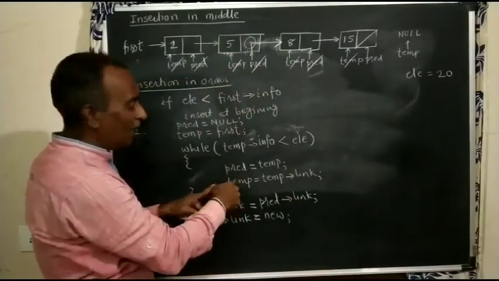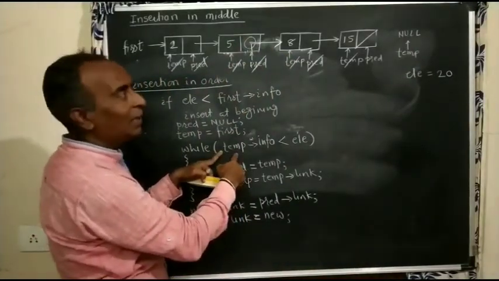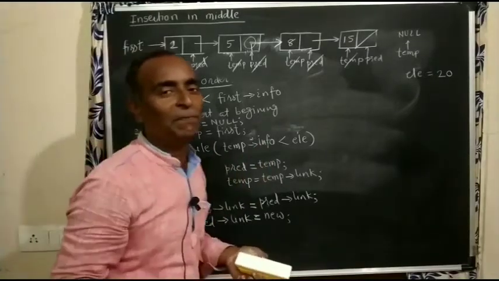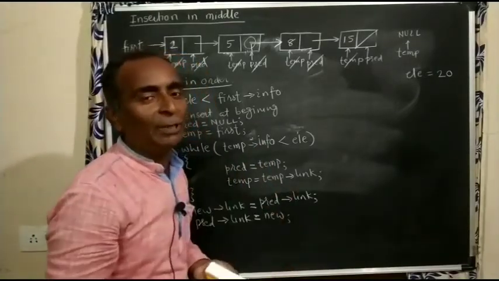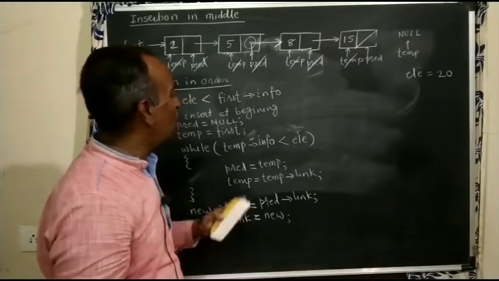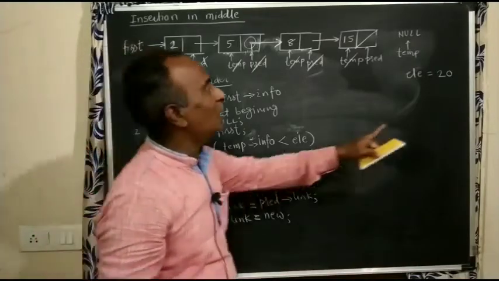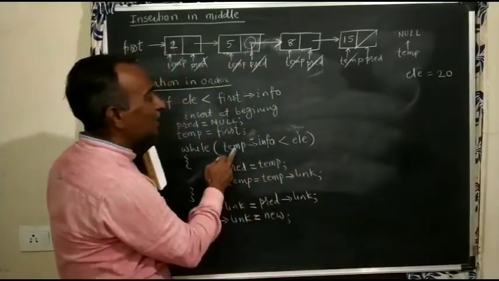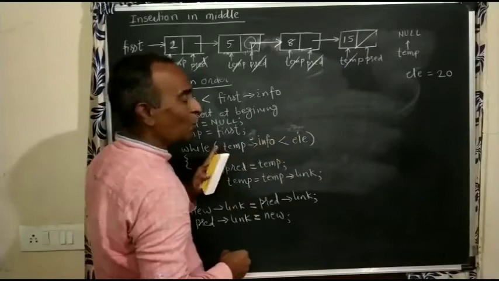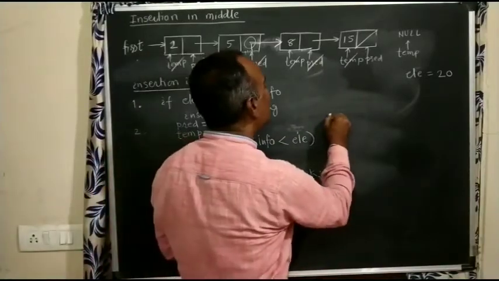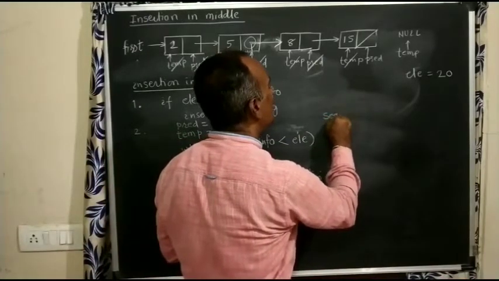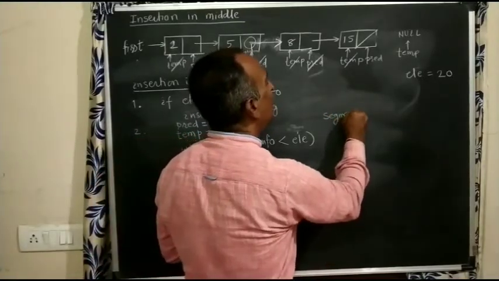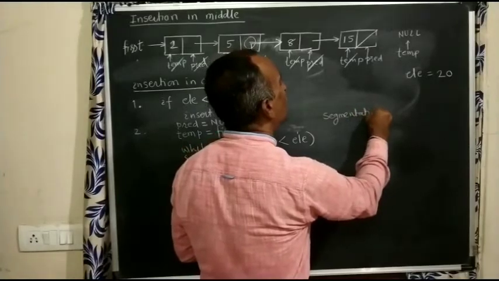Right? Then again it goes here. Temp's info is compared where temp is pointing. It is not pointing to a valid node. So if you write this way, and if you are trying to insert in order this 20, then this will happen. And always, you might have seen, if you run this under Ubuntu or Unix GCC compiler, there will be segmentation fault.